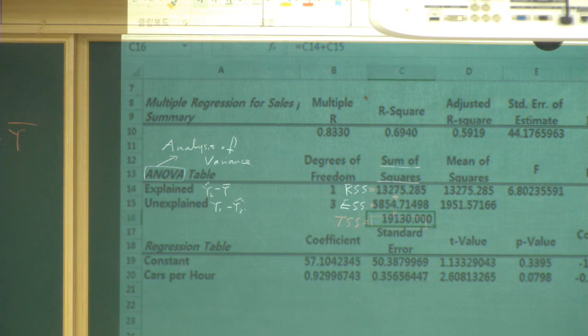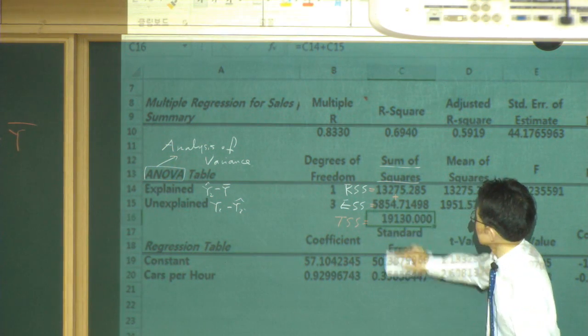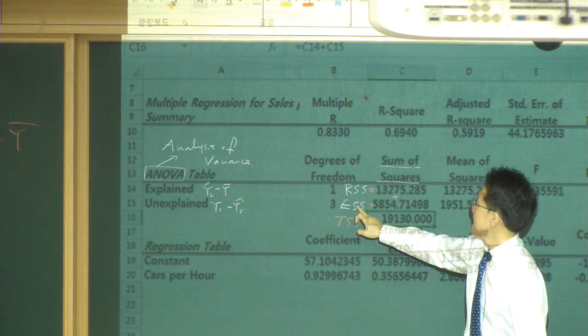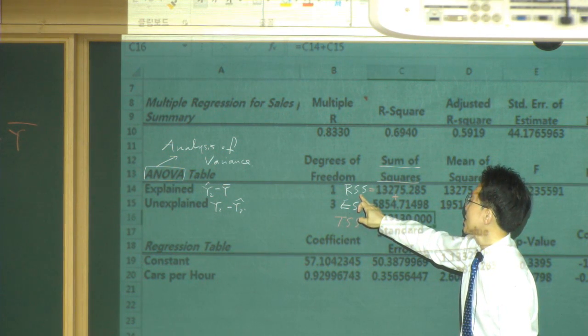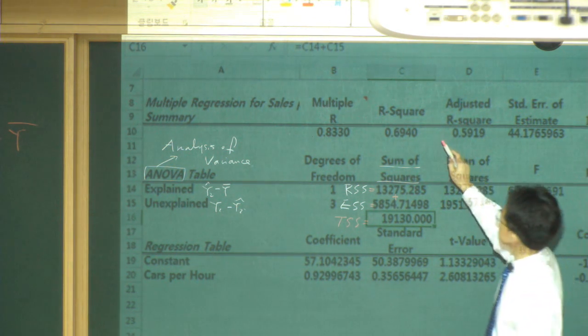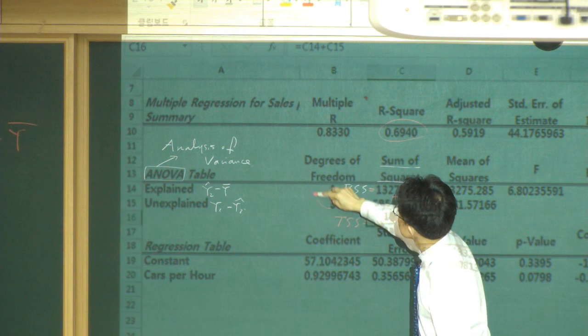That's the total sum of squares. Total sum of squares equals error sum of squares plus regression sum of squares. And we said that R square is RSS over TSS.